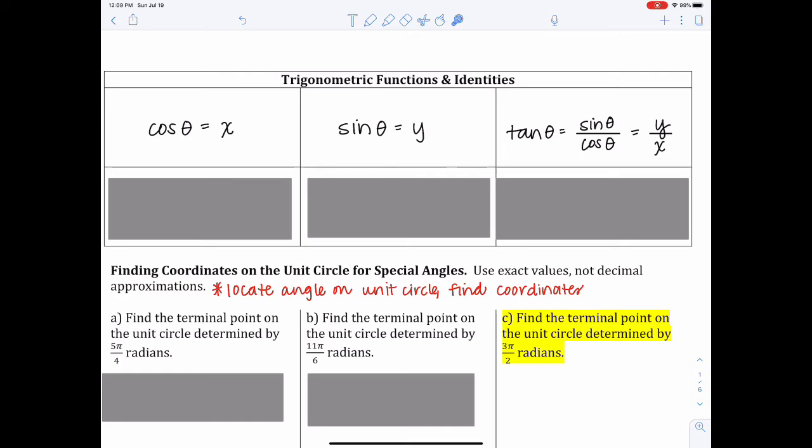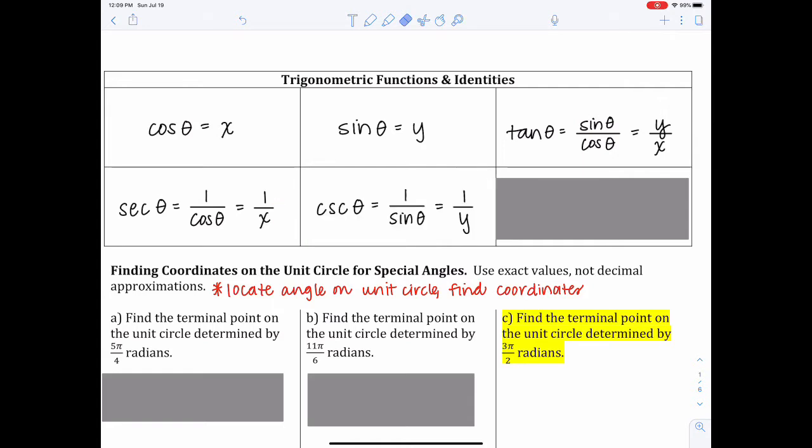So we know it's sine over cosine. Likewise, the reciprocal functions, so secant was 1 over cosine, therefore we can say it's 1 over x. Likewise, cosecant of our interior angle theta is the reciprocal of sine, so because sine is y, cosecant can be written as 1 over y.